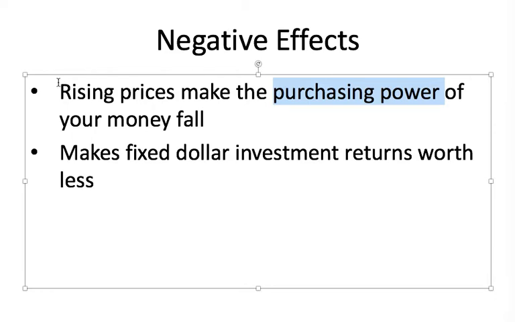This is assuming prices are going up faster than your wages or salaries are going up. So rising prices make how much stuff you can buy go down. That's the purchasing power of your money.